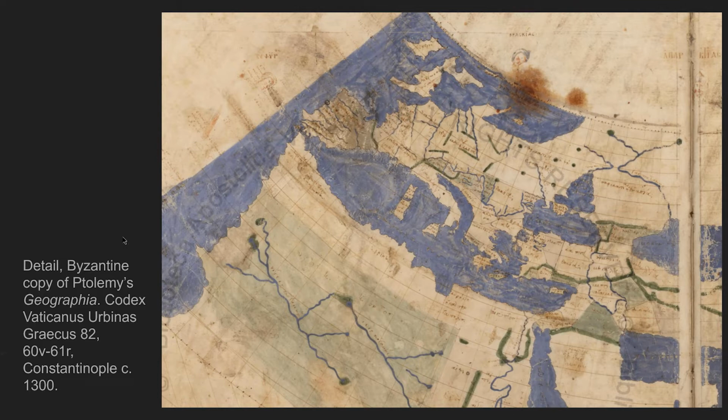This is a copy of Ptolemy's Geographia, the description of the known world. You see the coasts of Italy here, the Iberian Peninsula over here and the Strait of Gibraltar, and then you see Africa, which is just large and unknown to explorers and geographers in Constantinople circa 1300, right?